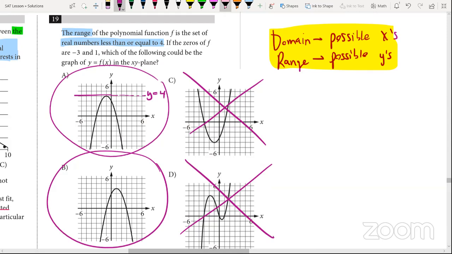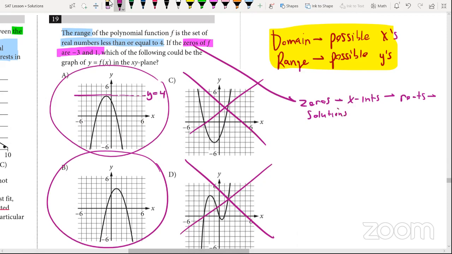Now we're talking about the zeros. The zeros, it's a very important SAT word. The zeros, the x-intercepts, these are all the same thing. The roots, the solutions, and with one little minor tweak, the factors are also included in that.